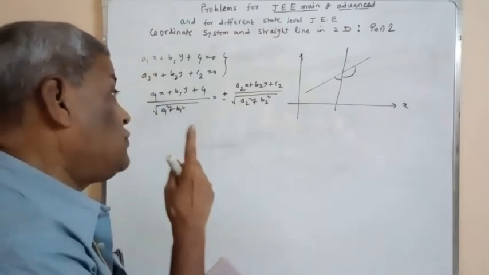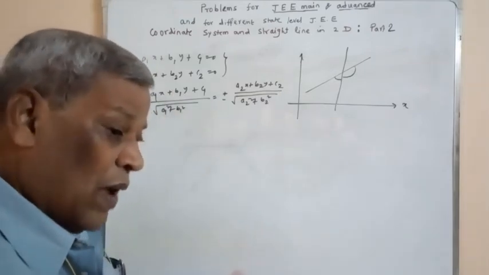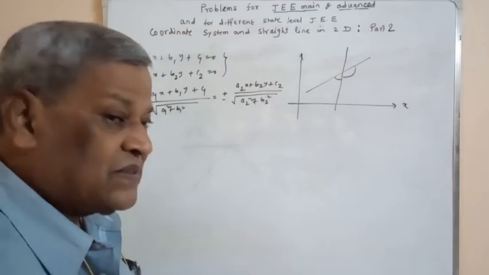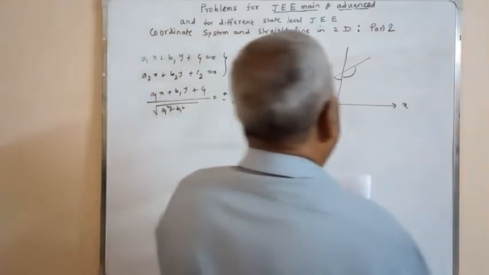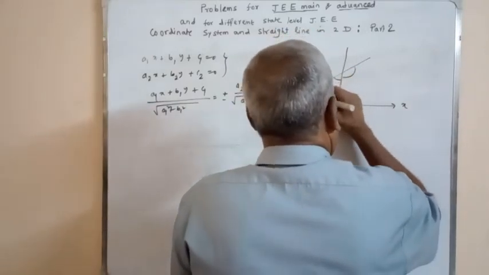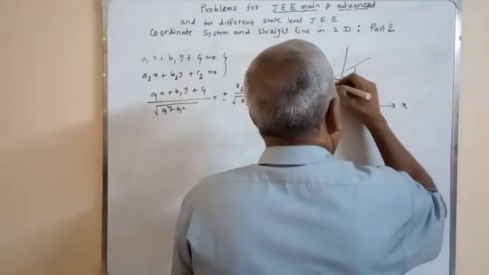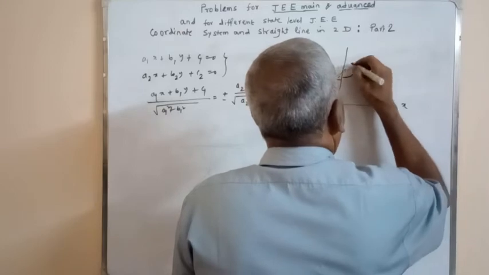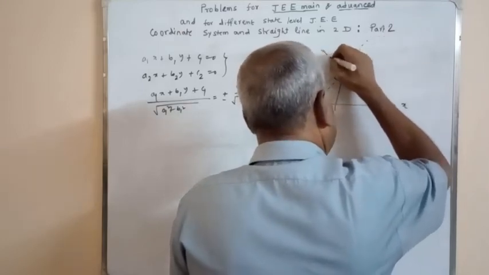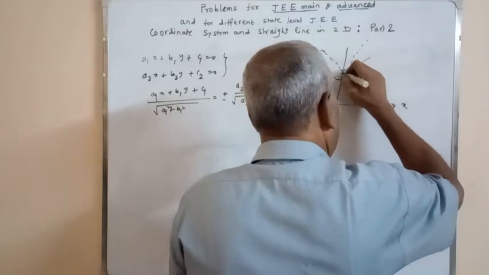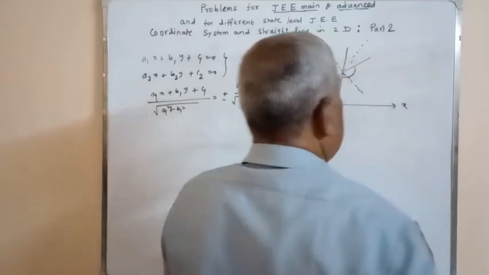And these two straight lines, one corresponding to plus and the other corresponding to minus, will give you the bisectors of the angle between these two straight lines.